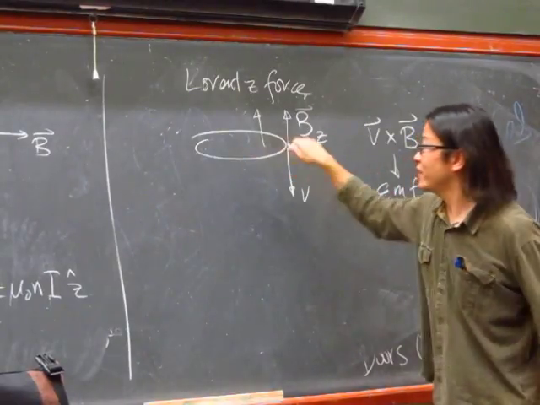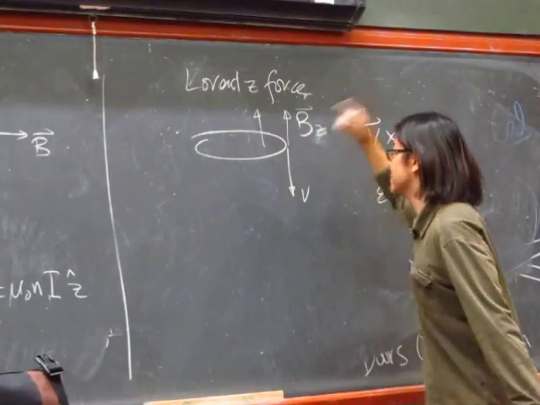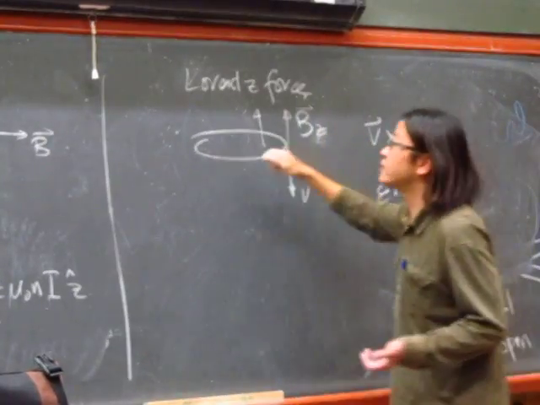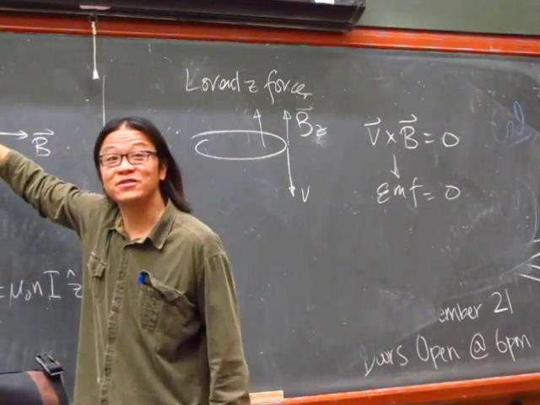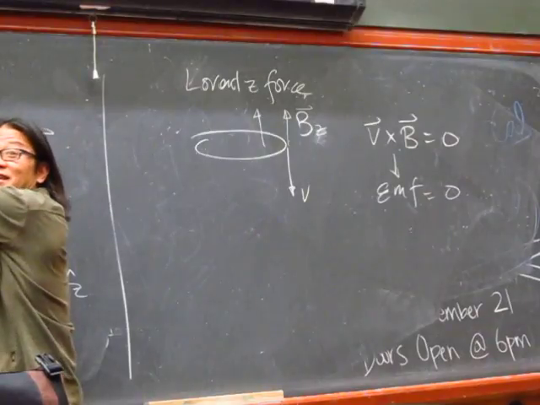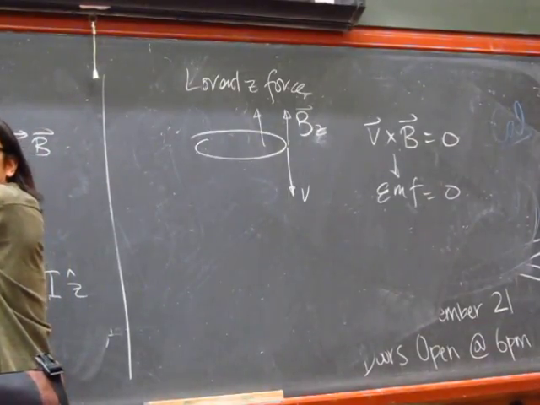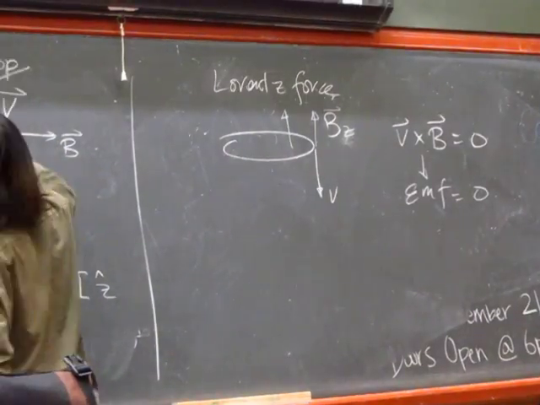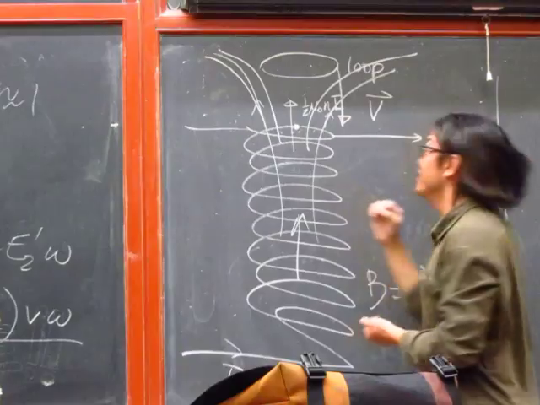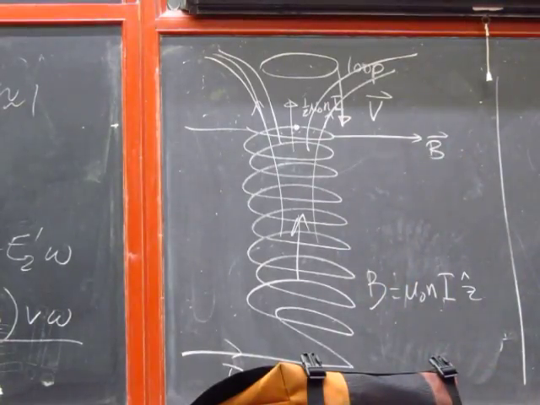So the reason there is a Lorentz force, I'm just going backward, is that in this semi-infinite solenoid, the B field is not exactly in the same direction. The B field actually has a radial component, because this thing is flattening out. So there is a B field in the radial direction, and a velocity going downward, it's falling.